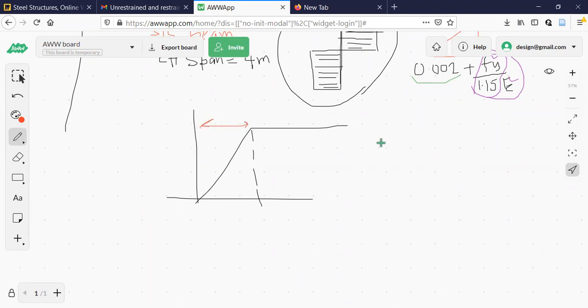It goes like this actually, but we don't consider all this. This is the Fy value, the maximum elastic limit stress, because this is the elastic range. This horizontal portion is PR, the plastic range.